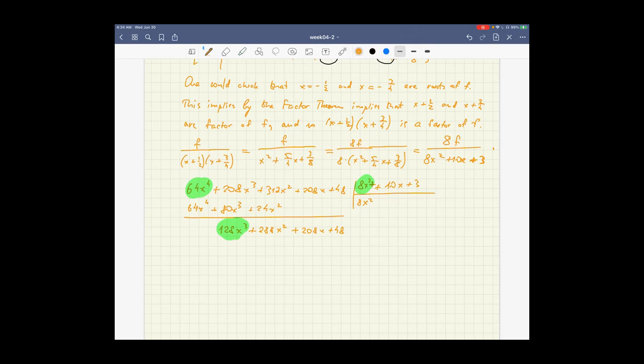Now the ratio of the leading terms is 128 by 8 is 16. X cubed over x squared is x. So 16x. Multiplying back, we have 128x cubed plus 160x squared plus 48x.